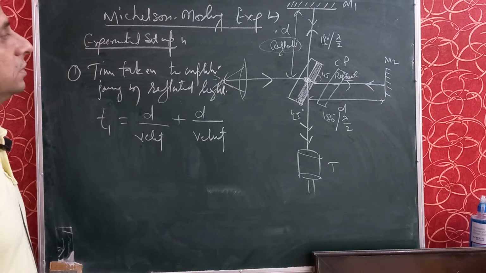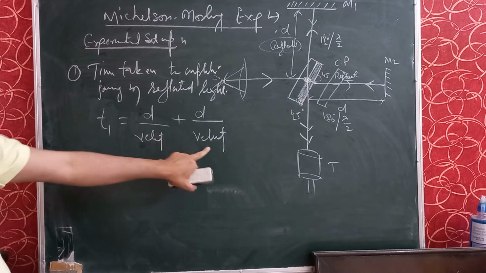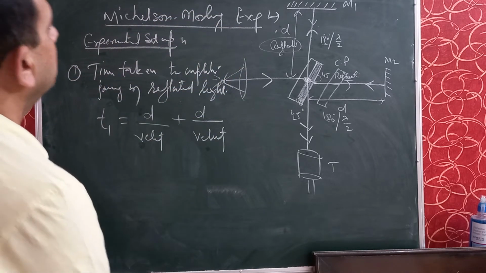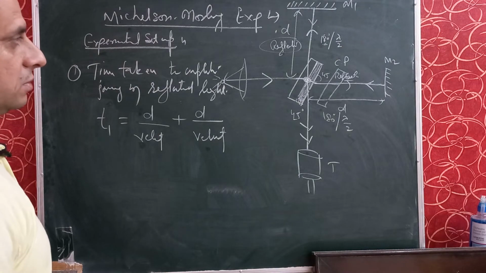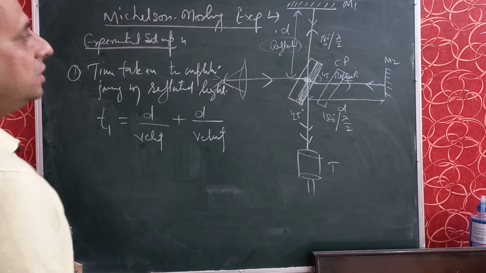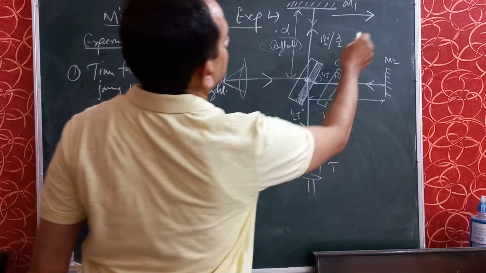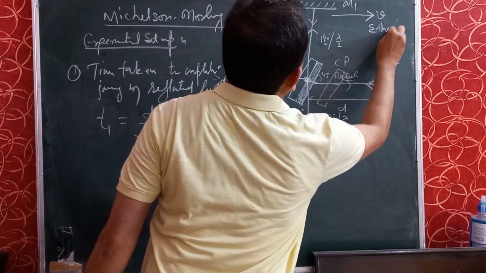Now, what is the velocity during ascent and what is the velocity during descent of the light? So, in the Michelson Morley experiment, it is assumed that there is an ether. It is already assumed that there is an ether and it is moving along one side. So, this is the velocity v of ether.